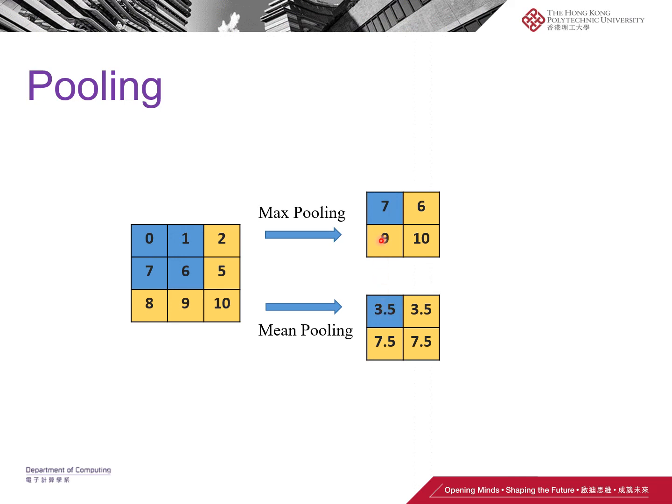By doing that, we reduce the number of neurons significantly, and we reduce the computation significantly. And we're also creating a compact representation of the images in between. So this is pooling.